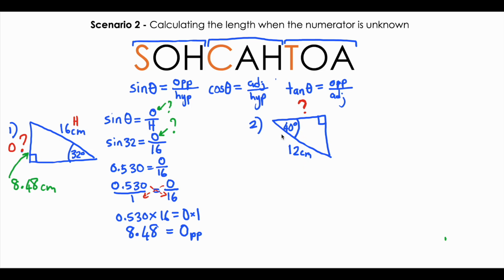Remember, we're in the phase of calculating the length when the numerator is unknown. Once we do that, we'll check what to do when the denominator is unknown, and that would be the last phase of this particular concept. So which one did y'all use? Cosine, tan, which one?